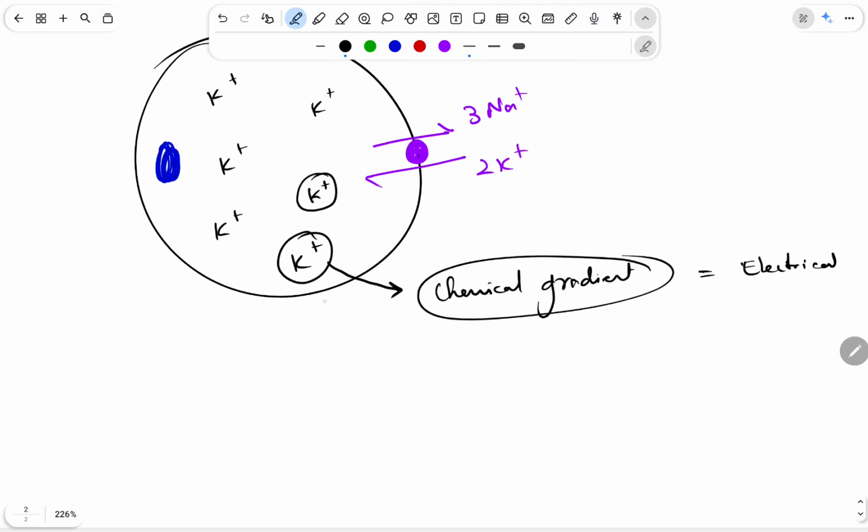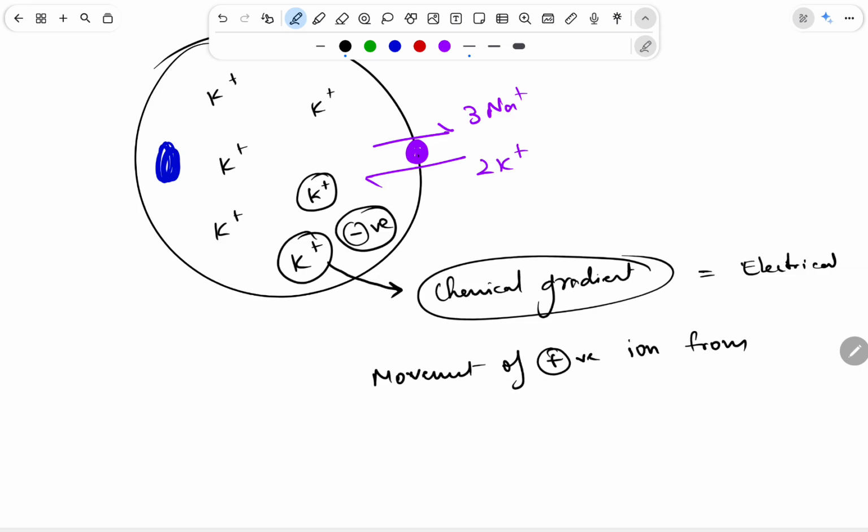This will create negative charge, because of movement of positive ion from inside to outside the cell. If you remove positive from the inside it will become negative, 1 negative. If you remove multiple positives, it will become multiple negatives. So inside of the cell becomes more negative.